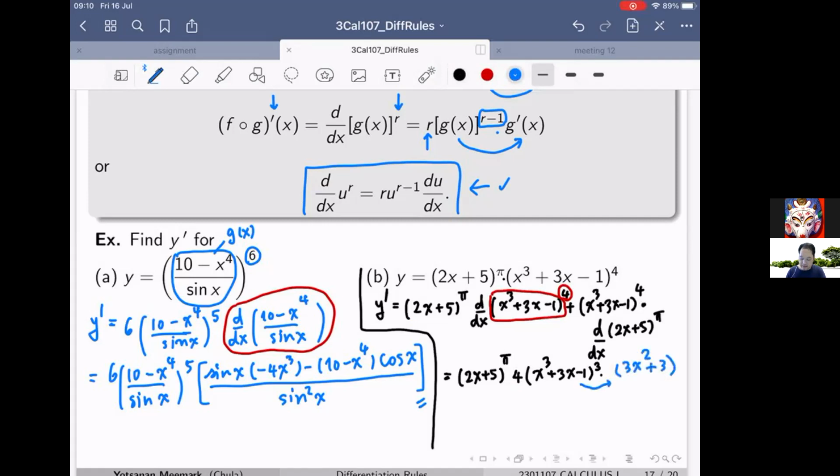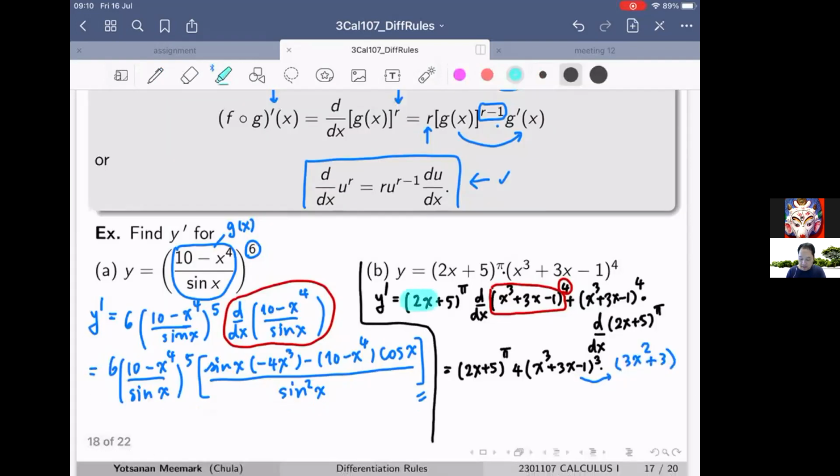So this is all the first one here. And then you are going to add the second term.